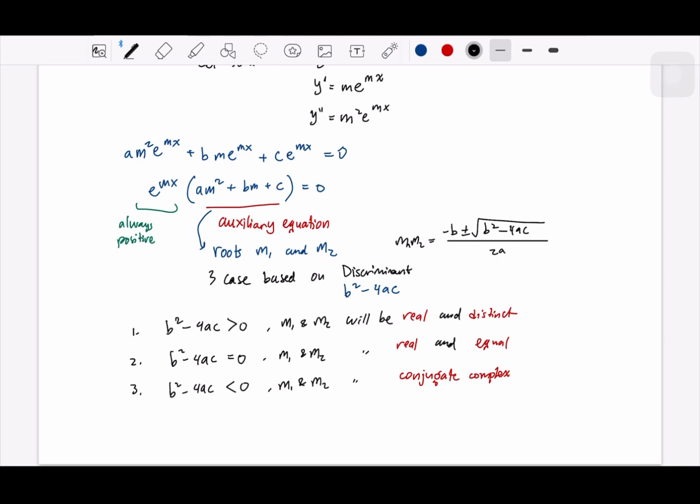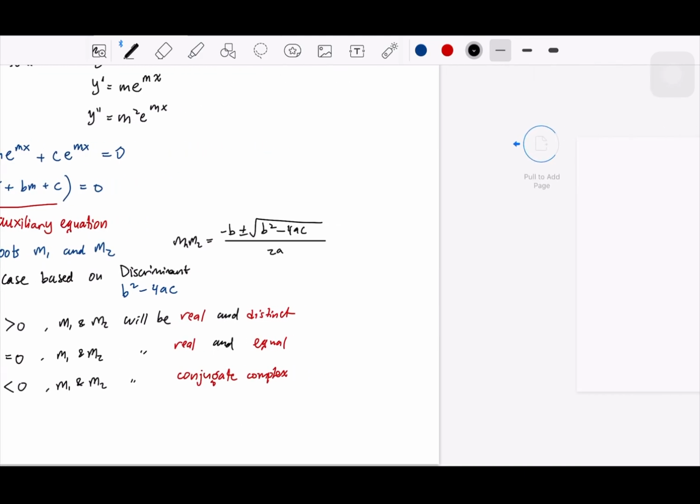Okay, we continue with the three cases here. The first two will be easy to follow, I think. The third case is somewhat a little bit confusing, and you will see what it is. I will give you the first two.